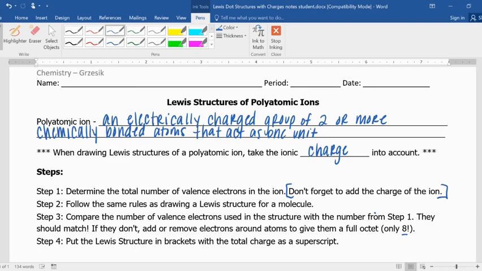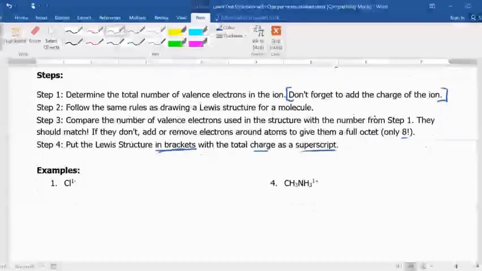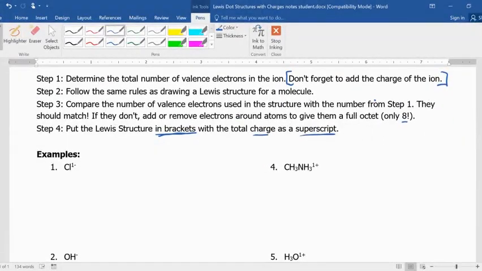Another new step is that we're going to put the Lewis structure in brackets with the charge as a superscript. This is just to let everyone looking at the Lewis structure know that it is the charge of an ion. So before we even get into the polyatomic ions, let's just do the ion chloride.